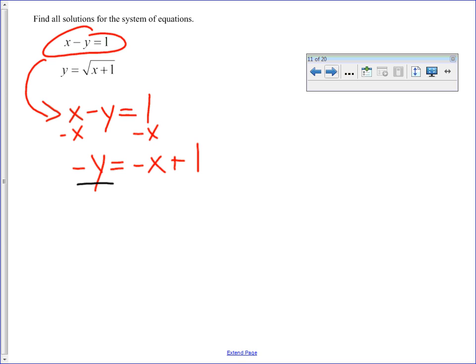And then I will divide both sides by -1, and I'll get y equals x minus 1. Mathematically, you can multiply both sides by -1, but that seems to confuse the algebra students. So now I have my two equations that I can put into the calculator to find the point of intersection.